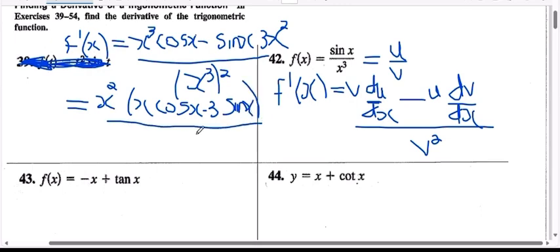Then I'm going to divide by s raised to the power 6. So this is going to reduce to s raised to the power 4.